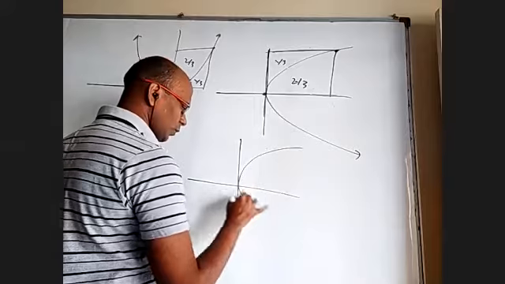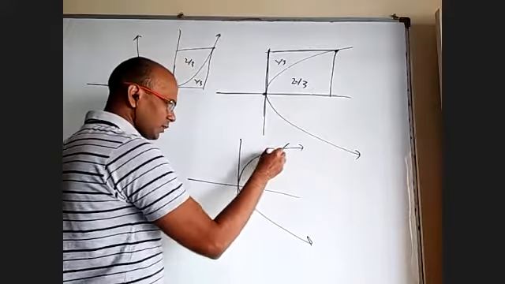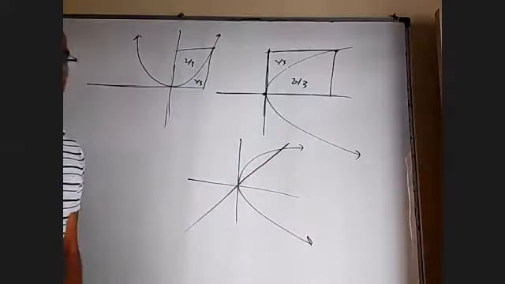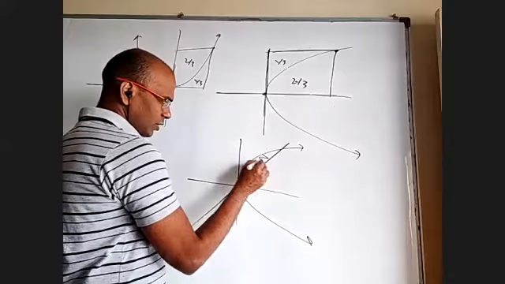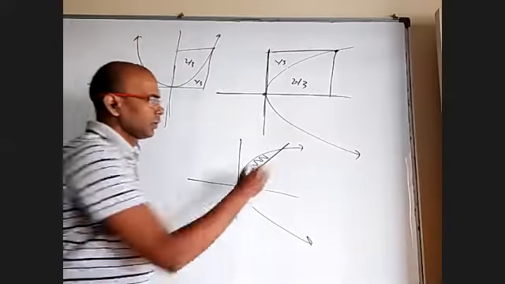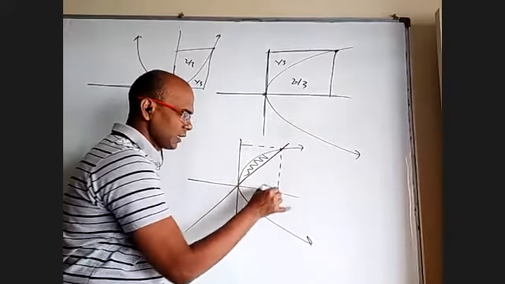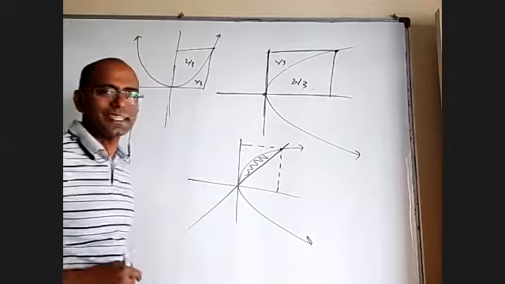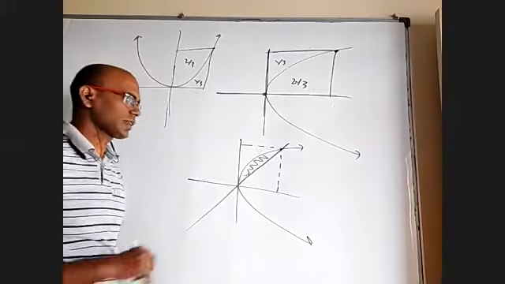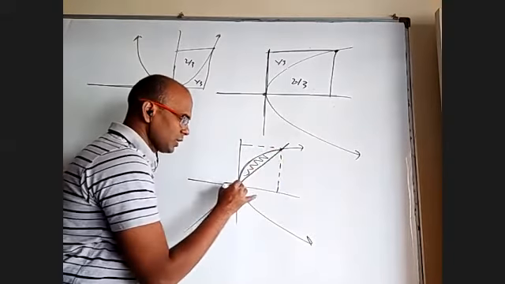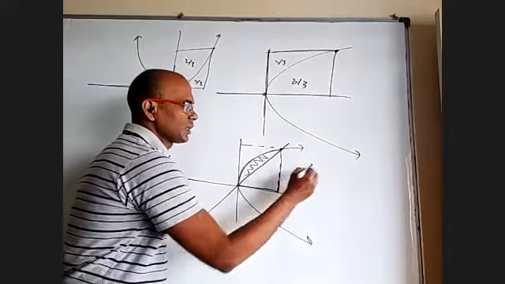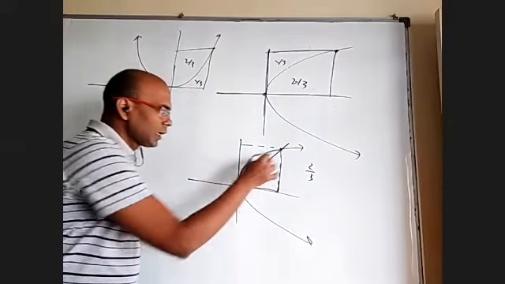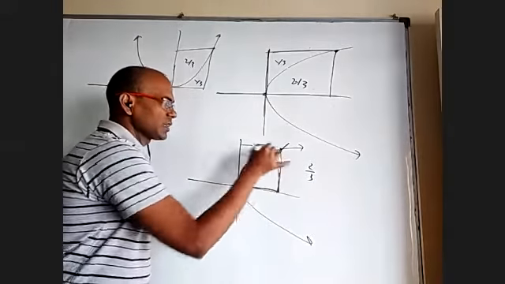Let's say I have a parabola and I have a line, and I want this area. When you take the rectangle area, this will be 1/6 of that. Why 1/6? This total area is 2/3 of the rectangle, I said. Out of that, I have to remove this, which is half of the rectangle, right?